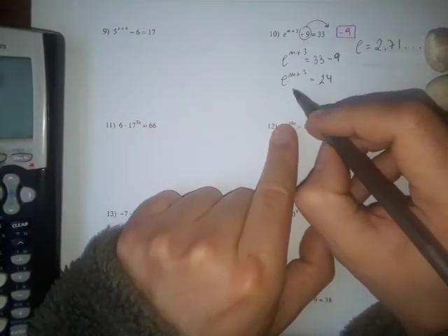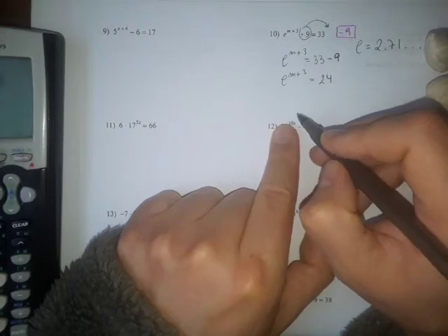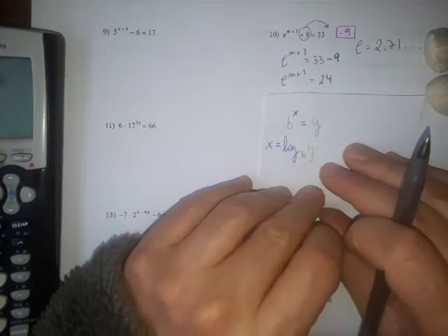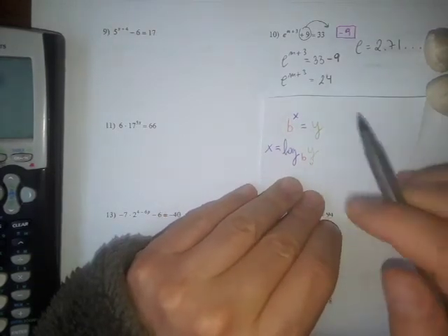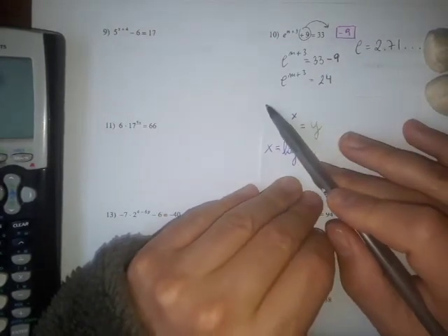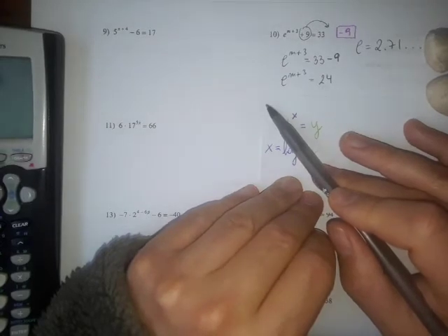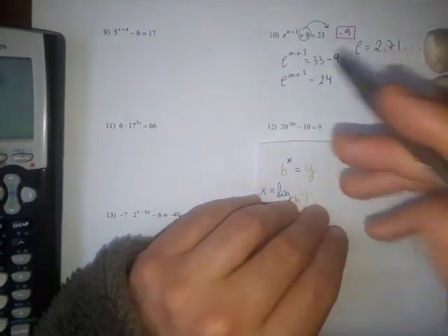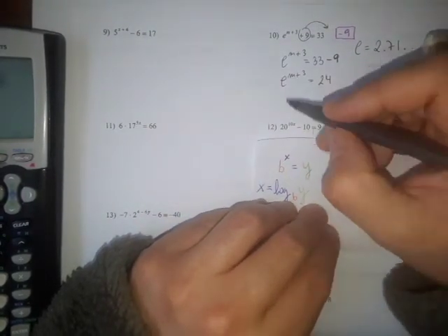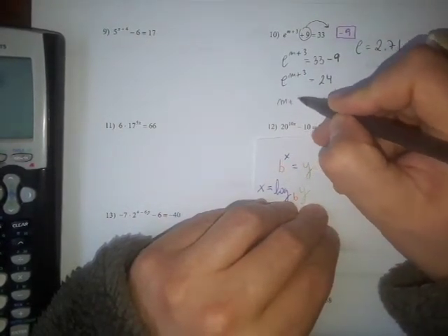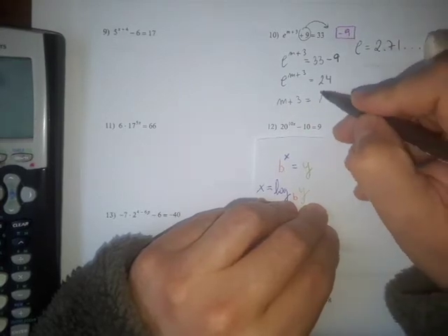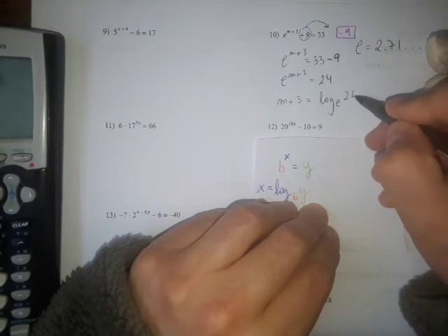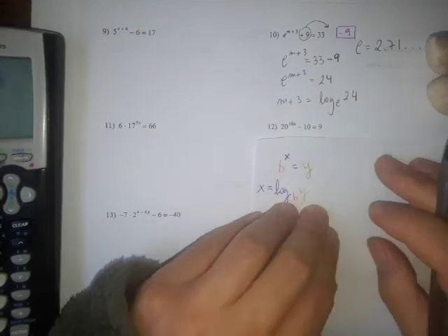Now the next thing that we have to do is apply this formula, right? Remember, the exponent flies to the beginning, and then we're going to write log. So we're going to write m plus 3 at the beginning, and then log base e of 24, right? That's how we write it.